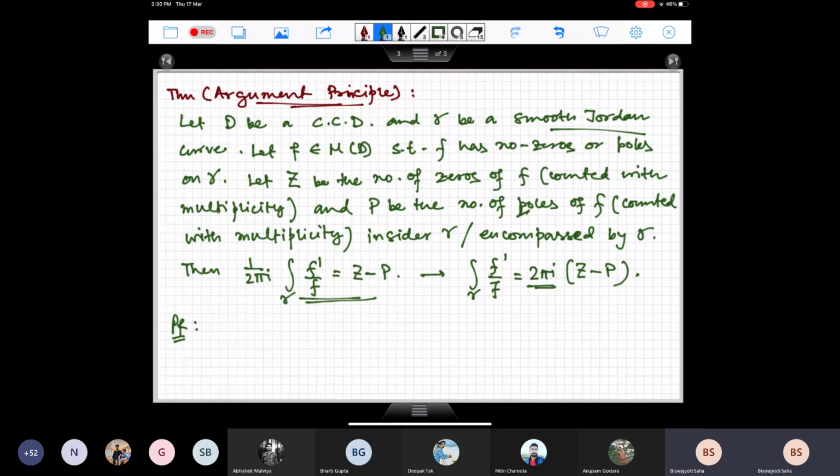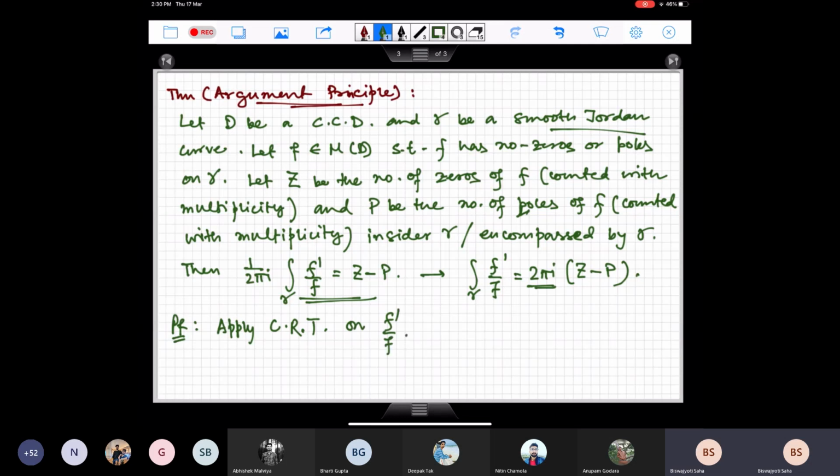Exactly. So we are going to apply Cauchy residue theorem to the function f prime upon f. This is not Chinese remainder theorem, huh? Cauchy residue theorem on f prime upon f.